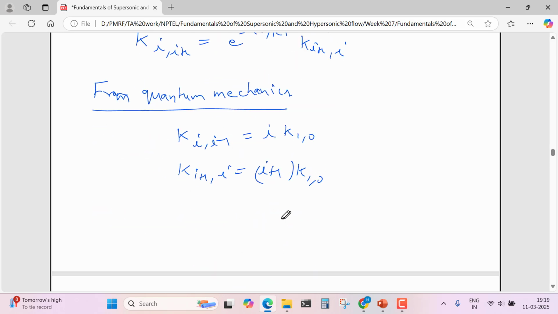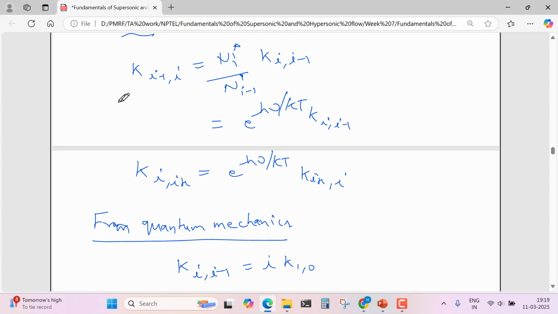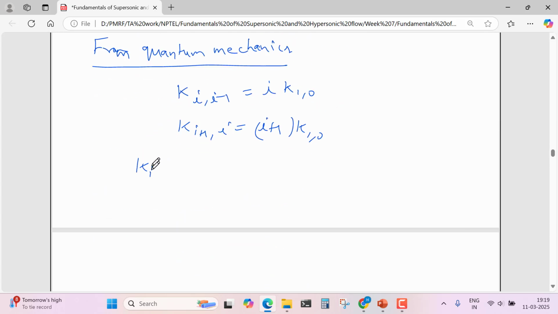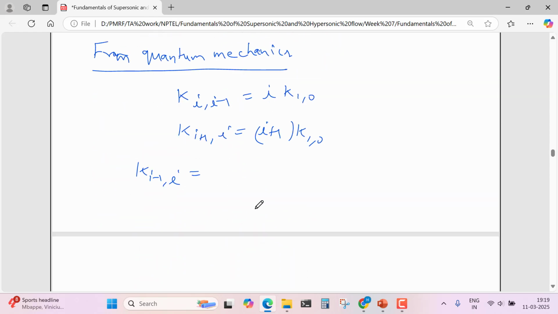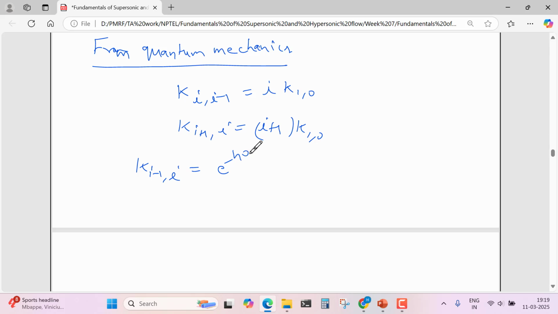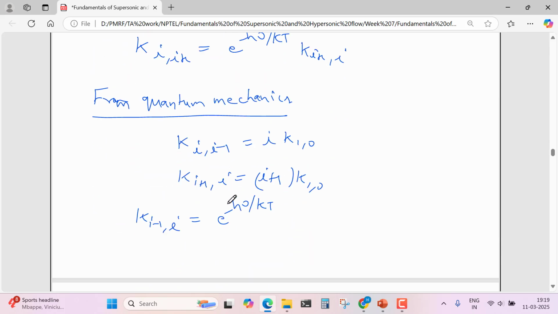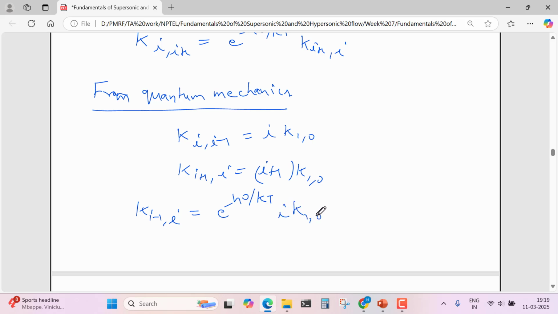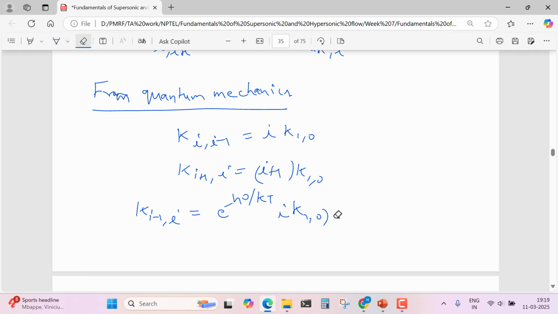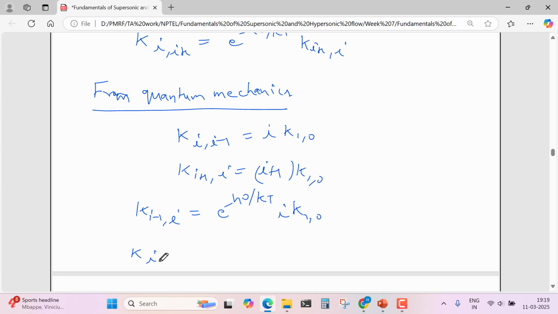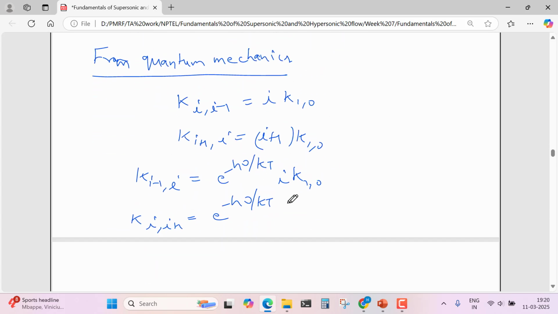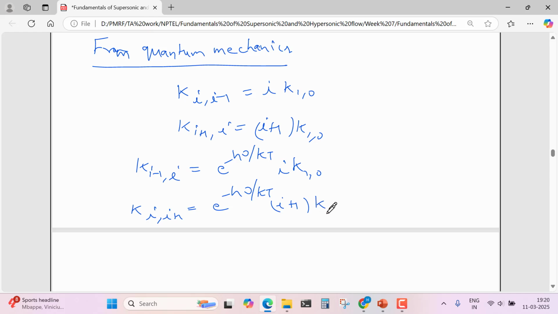So now similarly we will get the relation: K(i-1,i) is nothing but e to the power minus h nu upon kT, and this K(i,i-1) will be written as i K(1,0). Similarly, K(i,i+1) equals e to the power minus h nu upon kT, and this K(i+1,i) will be given by (i+1) K(1,0).